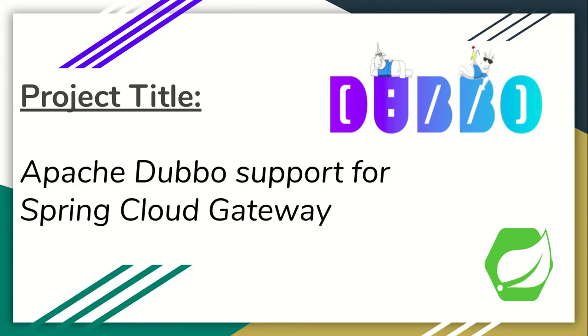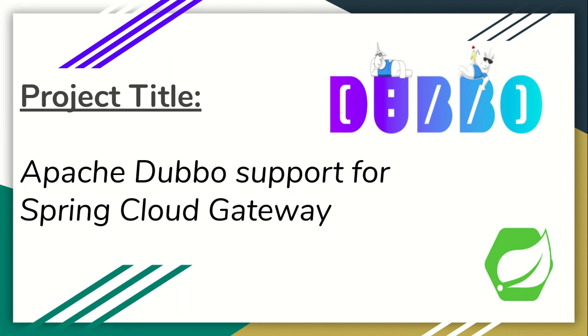So first of all, I'd like to introduce you to the project title, which is Apache Dubbo Support for Spring Cloud Gateway. As you can already see, there's this dichotomy of two different softwares in this project, which is Dubbo and Spring Cloud Gateway. Talking about Dubbo, Dubbo was actually created inside Alibaba, and later on it was handed over to Apache Foundation.